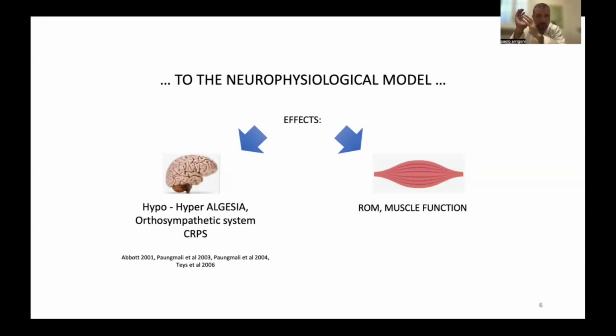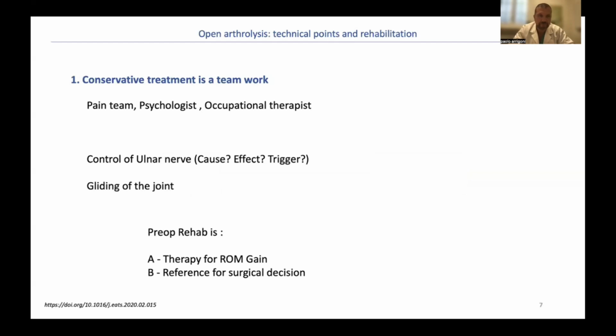Sometimes we have very bad elbows in terms of imaging that flex and extend much better. And sometimes we have the opposite. So understanding that sometimes hyperalgesia is different from what we can expect. And that's why sometimes we have CRPS, complex regional pain syndrome, around the elbow.